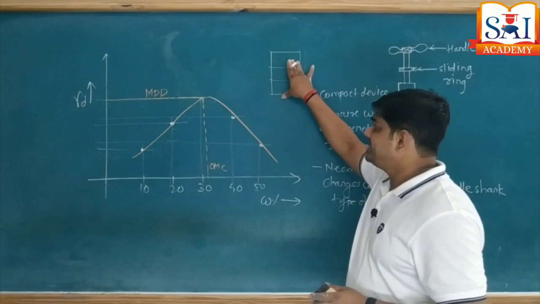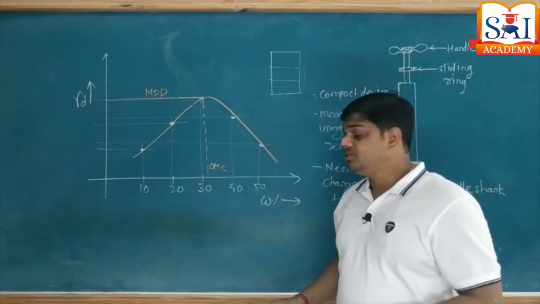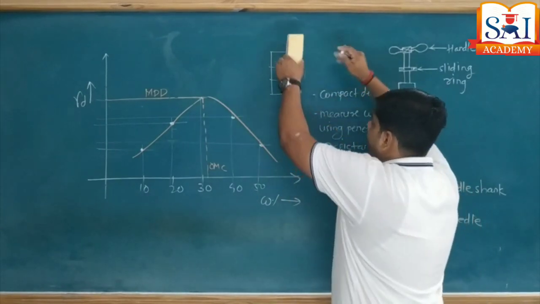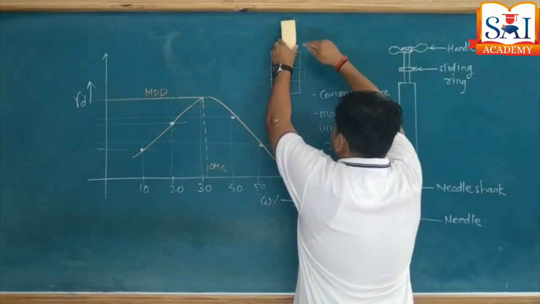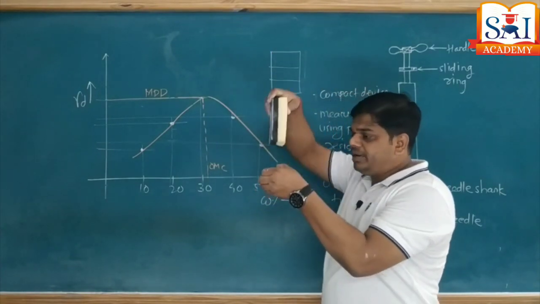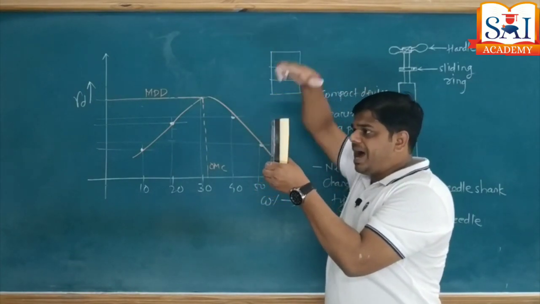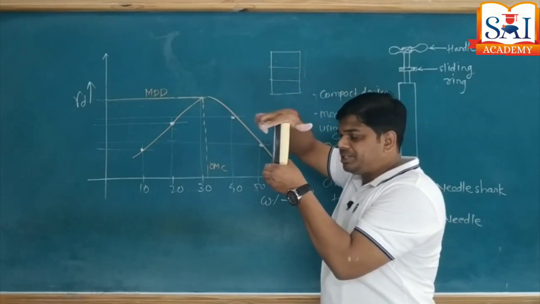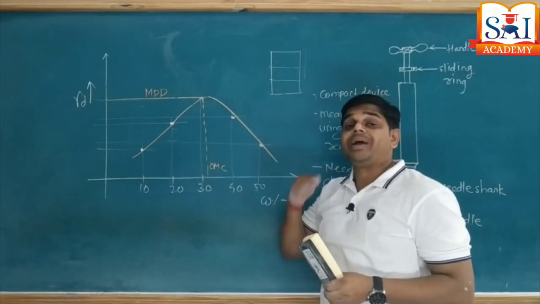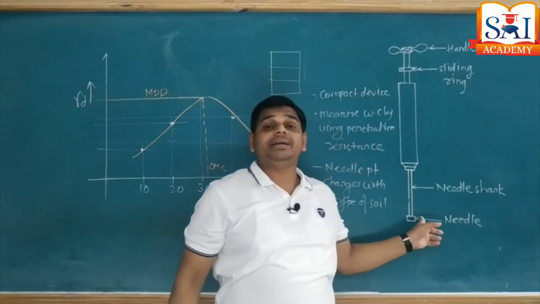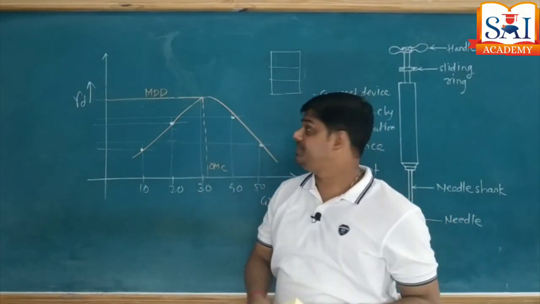Now when the mold is ready and its mass has been taken, we hold the Proctor needle inside the mold and apply a compressive pressure, and we have to penetrate the needle by a distance of 7.5 centimeter.